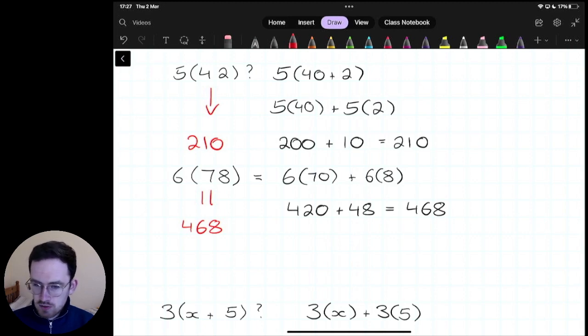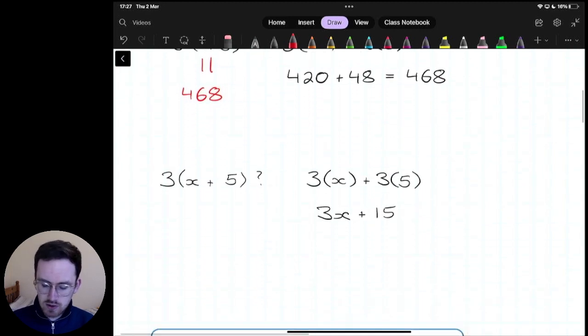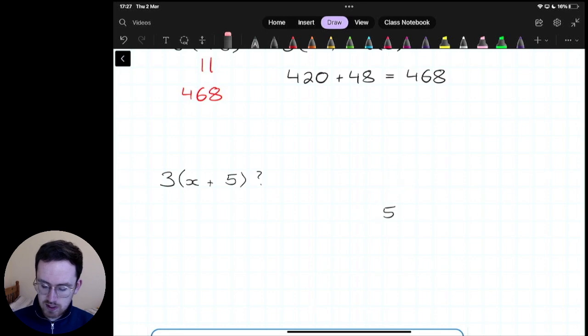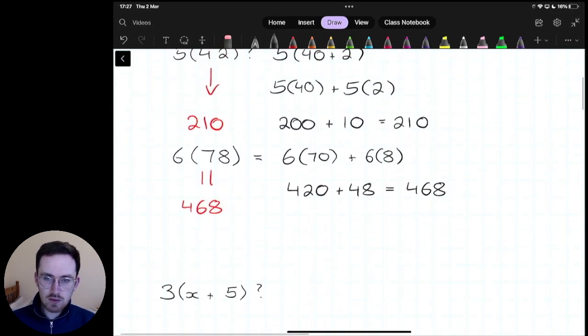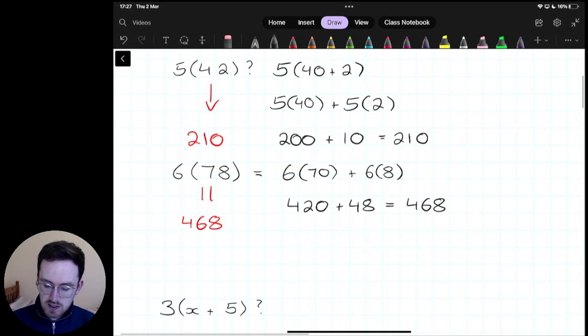But we can also apply this to algebra. If we have a look at this question here, we have 3 multiplied by x plus 5, and we need to compare this to one of the previous ones. So let's compare it with this sum here, 5 multiplied by 40 plus 2.